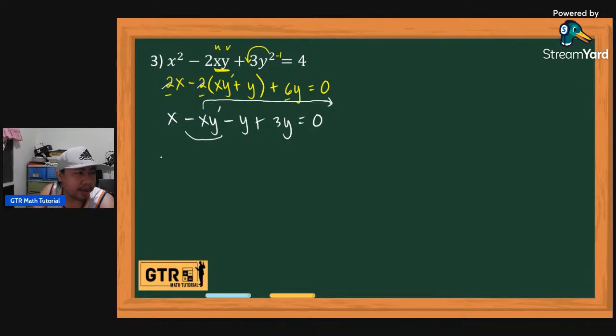So therefore we have x minus y plus 3y equals negative xy prime, so that is equal to positive xy prime when we add xy prime to both sides of the equation. Then we can combine this. So this is x negative y plus 3y. So we have plus 2y equals xy prime.